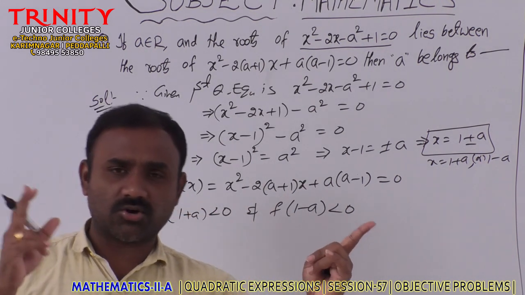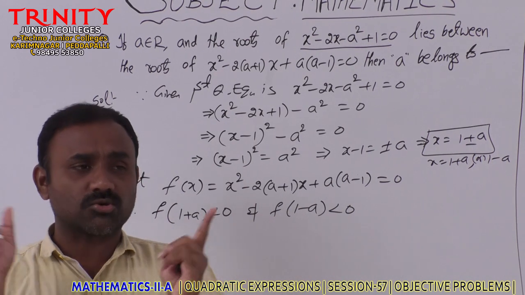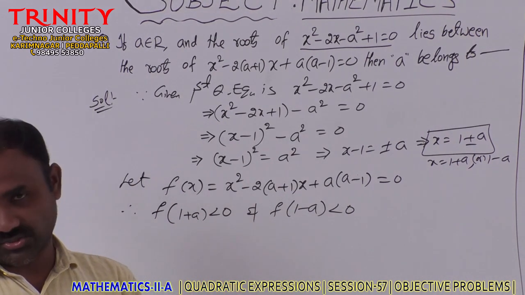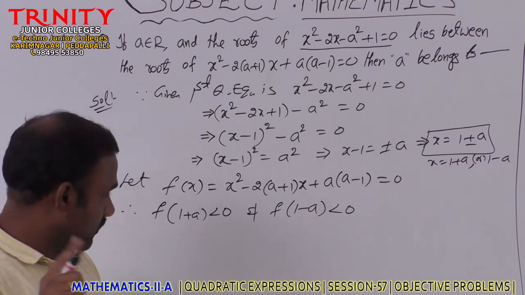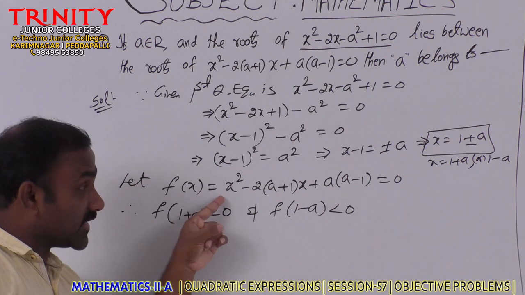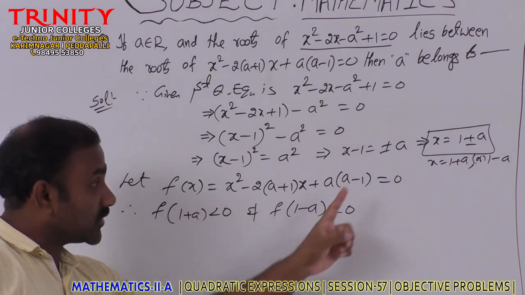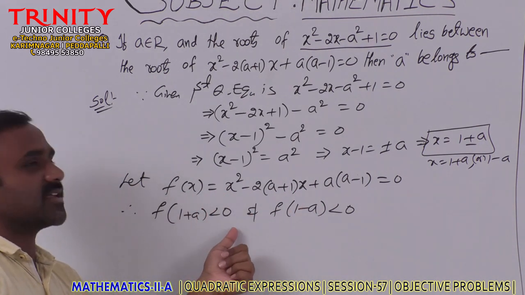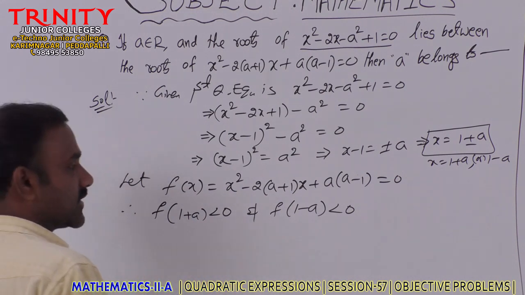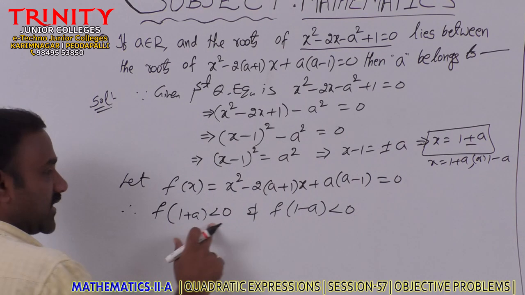Means one is greater than 0, the other one is less than 0, then only the roots lie in between alpha comma beta. Like that, here x square coefficient is 1, means it is greater than 0. Therefore, the expression should be less than 0. That's why f of alpha is less than 0. That is the reason to consider here less than 0, less than 0.